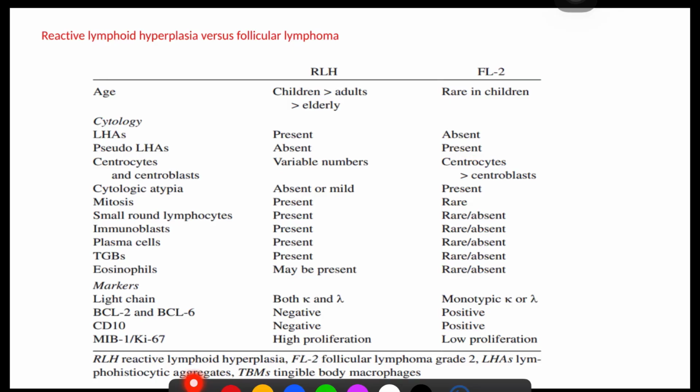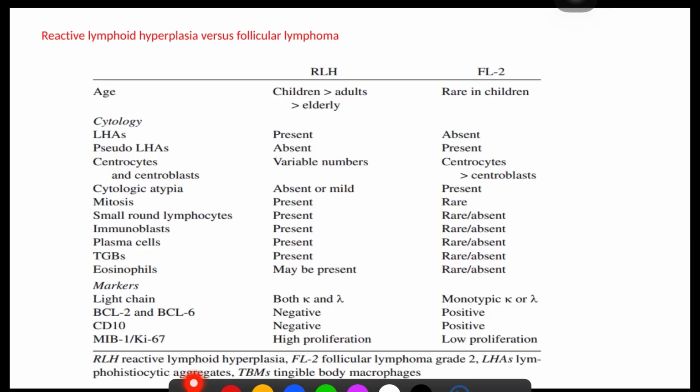Centrocytes and centroblasts are variable in number in hyperplasia. Atypia absent or mild, mitosis present. Small round lymphocytes, immunoblasts, plasma cells, tingible body macrophages are present. Eosinophils may be present. Markers in lymphoid hyperplasia: both kappa and lambda light chains are present, BCL2, BCL6 negative, CD10 negative, and Ki67 shows high proliferation.